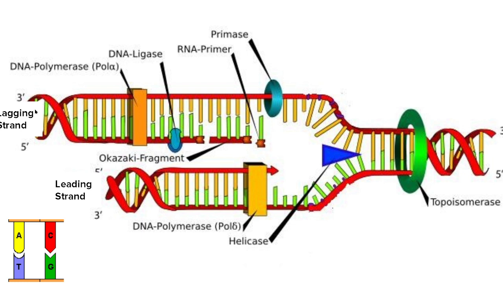The lagging strand, we have to go a little bit differently because DNA polymerase is going to be traveling in the opposite direction. Right? So we have primase coming in and putting little markers on so that RNA primers know where to go. Right? And they bring in these nucleotides. The Okazaki fragments are just groups of the nucleotides, and then DNA ligase is kind of gluing everything together and connecting that sugar phosphate backbone.